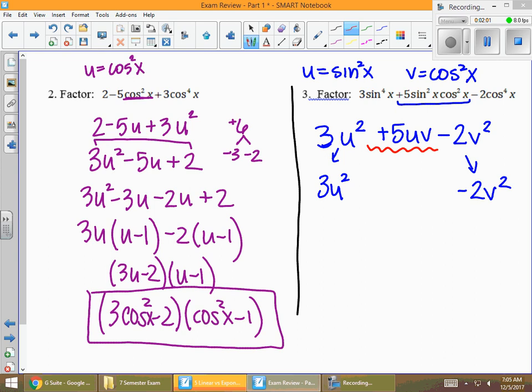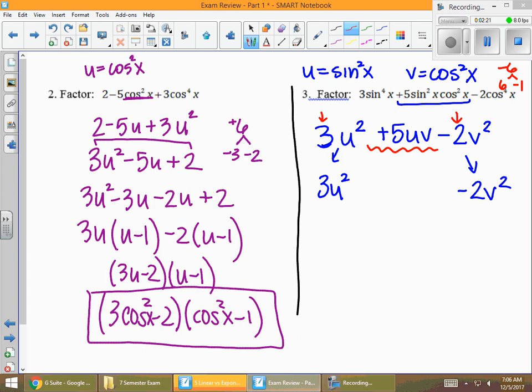Let's work our numbers. Our A coefficient is 3 and our C coefficient is negative 2. So 3 times negative 2 is negative 6. I need two numbers that multiply to negative 6 and add to 5. Those two numbers are positive 6 and negative 1.